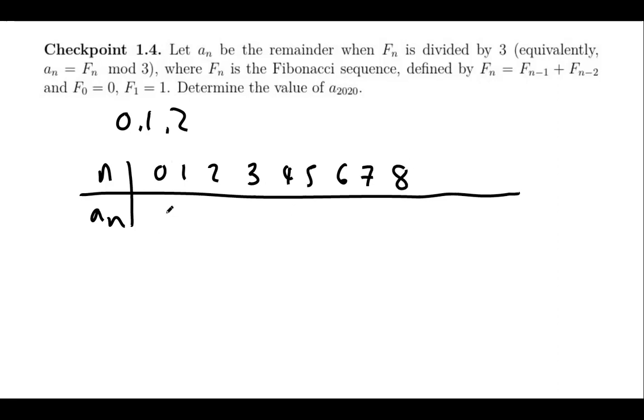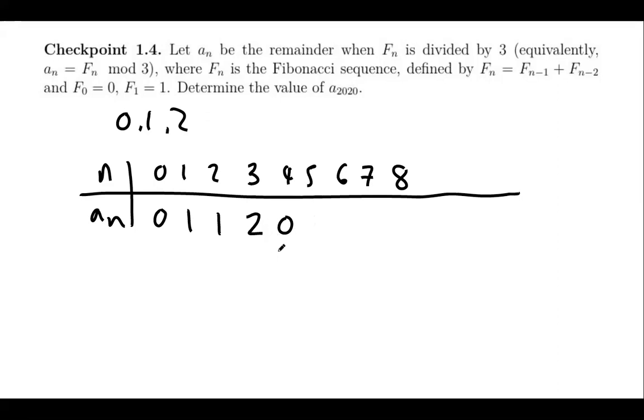All right, so a_0 is 0, a_1 is 1. And then 0 plus 1 is 1, which is still 1. 1 plus 1 is 2. Now 1 plus 2 is 3, and when we divide that by 3, the remainder is 0, so now it's 0.